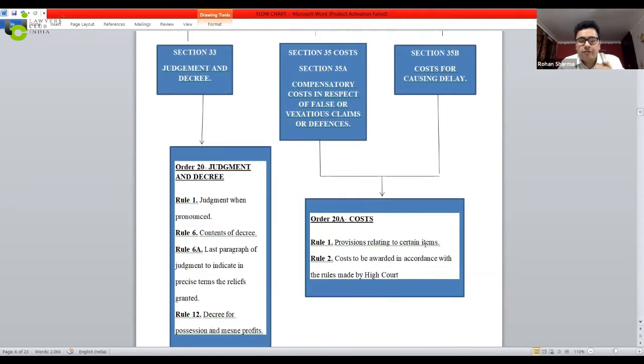So very clearly, this lot of sections and orders explain to the court, and of course make it clear for the parties and the lawyers also, what the essentials of a judgment are and what the essentials of a decree are that will be passed after a judgment has been pronounced.